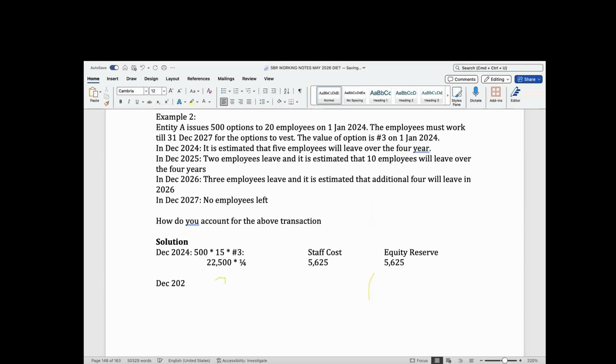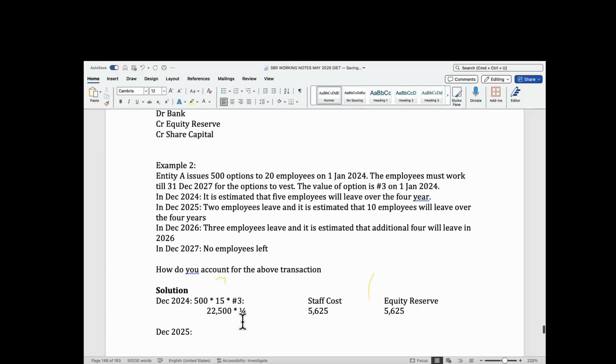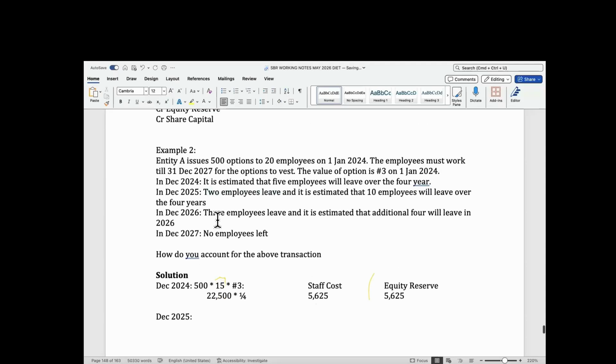In year two, now, they said 2 employees leave, and it is estimated that 10 employees will leave over the 4 years. So who can tell me how many employees I should provide for? How many employees, in fact, let me put it this way.